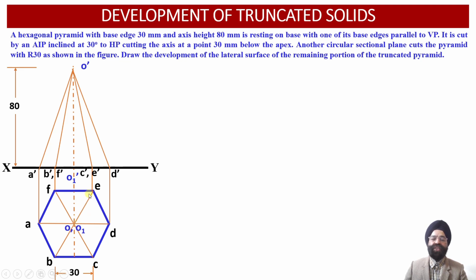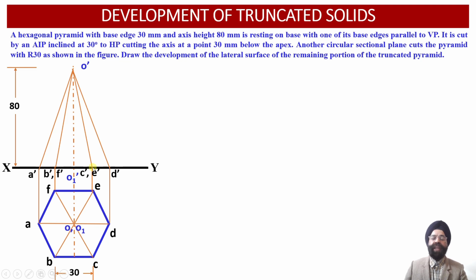But this slant edge OE has been superimposed by the slant edge OC, which is lying on the front side of the solid over here. So the hidden line projections corresponding to the slant edge O dash E dash have been superimposed by the object line projections corresponding to the slant edge O dash C dash in the front view projections over here.